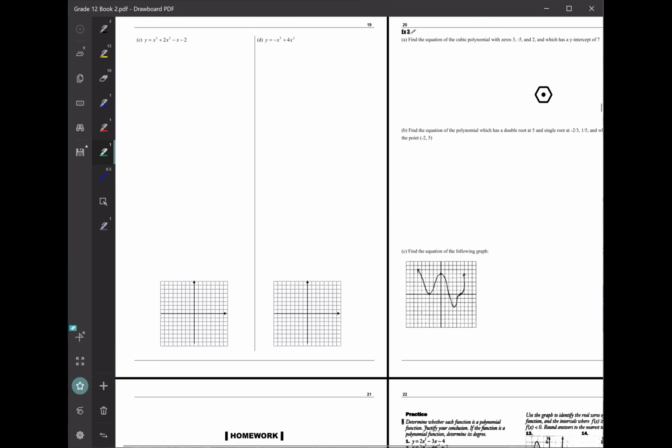Even positive 1 and 2, even negative 3 and 4, odd positive 1 and 3, and odd negative 2 and 4. Yes, very good. Samantha, give it a try. Even positive 1 and 2, even negative 3 and 4, odd positive 1 and 3, odd negative 2 and 4.